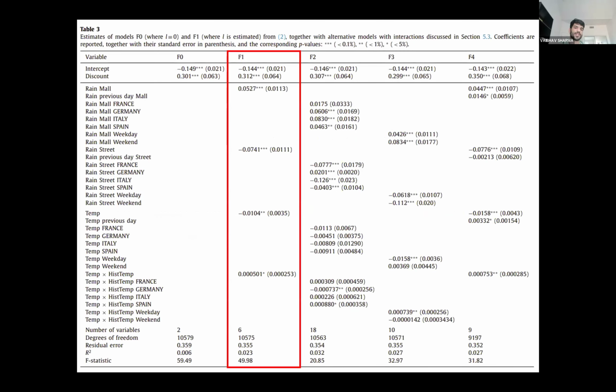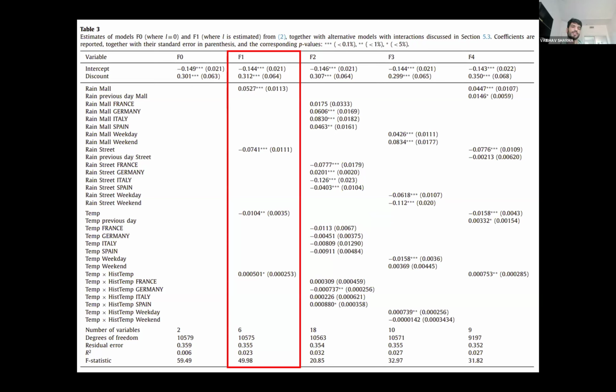Yeah, so this is the table which nicely summarizes their results. If you look at the F1 column, it shows that rain significantly impacts the footfall. For the shops which are on street, the number is negative, which shows that when it rains, the footfall decreases for the stores on the street by about 7%, whereas the footfall increases for the stores which are in malls by about 5.5%.